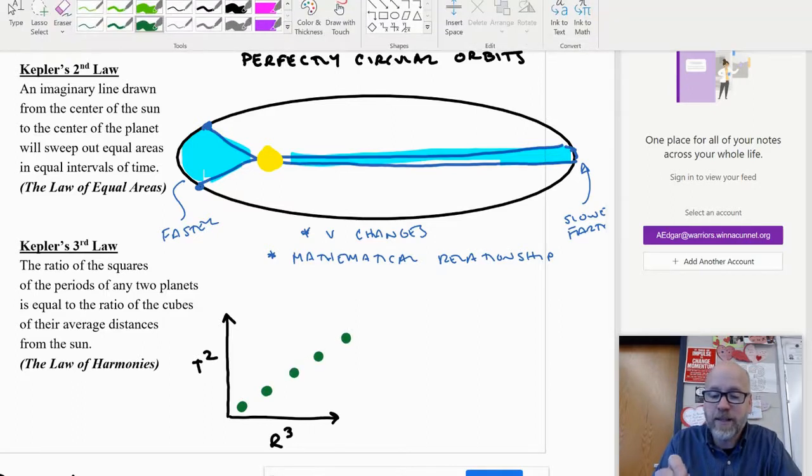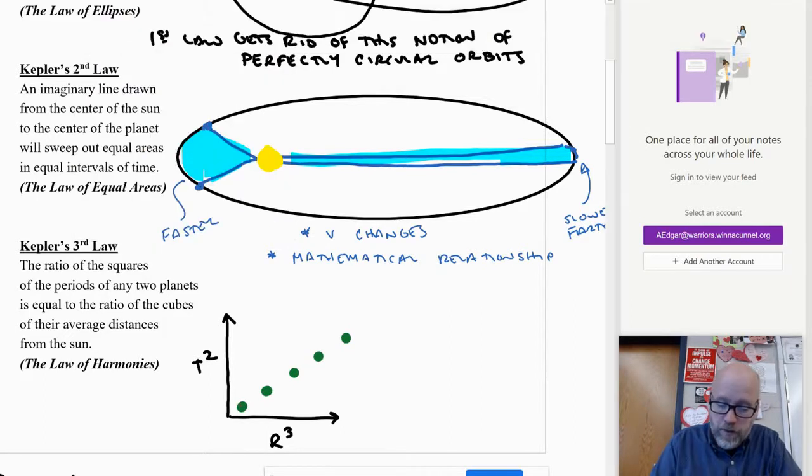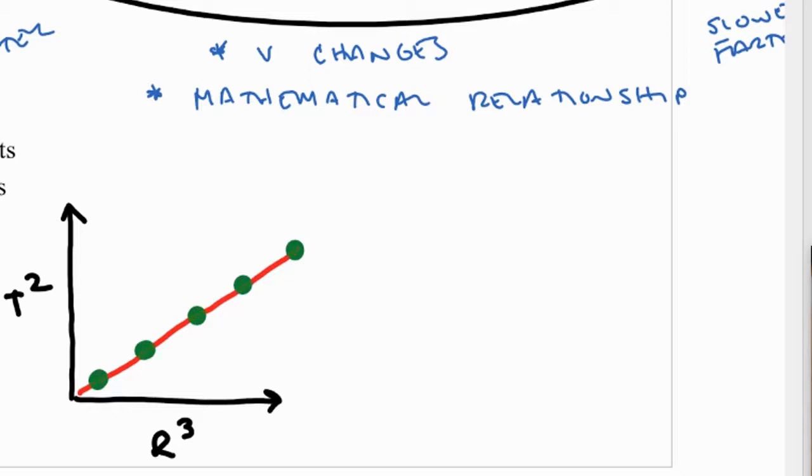That means that those two values, period squared and radius cubed, are directly proportional to each other. So the relationship between the period squared and the radius cubed of any of the planets is going to be constant.